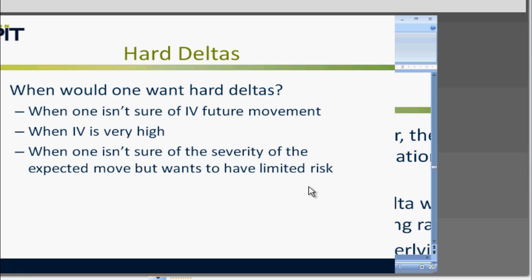A hard delta is a delta where even if volatility goes up a lot or down a lot, the pricing model is not going to change your delta very much. Are we all aware that delta is an output of the pricing model? It's not a set in stone thing.